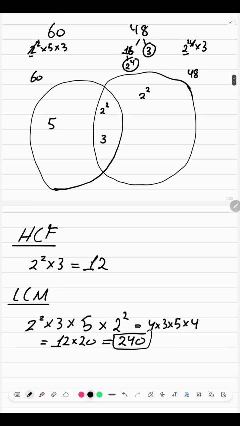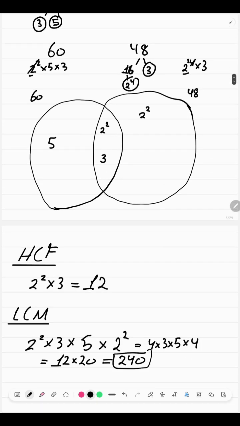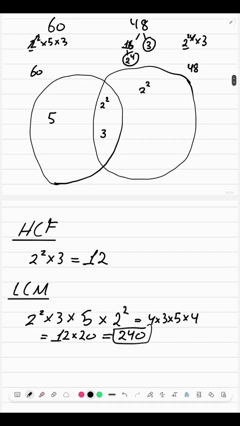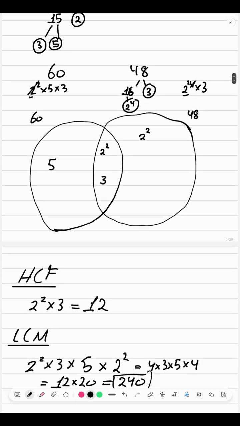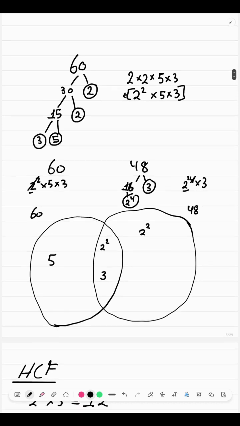So therefore, the lowest common multiple of 48 and 60 is 240. The highest common factor is 12, and the lowest common multiple is 240.